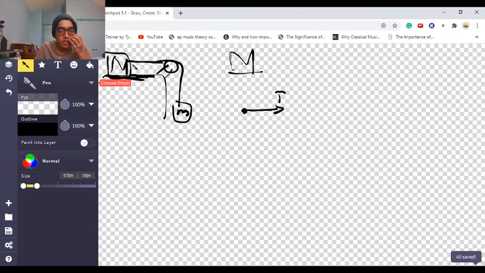And of course the gravitational force would be down here, which is mg, or F subscript g, however you want to notate it, and of course a normal force of equal magnitude, which is F subscript n. And of course we have the rough surface. Now remember, this is just intuitive stuff, but friction is always going to be smaller than the normal force because of that coefficient of friction.